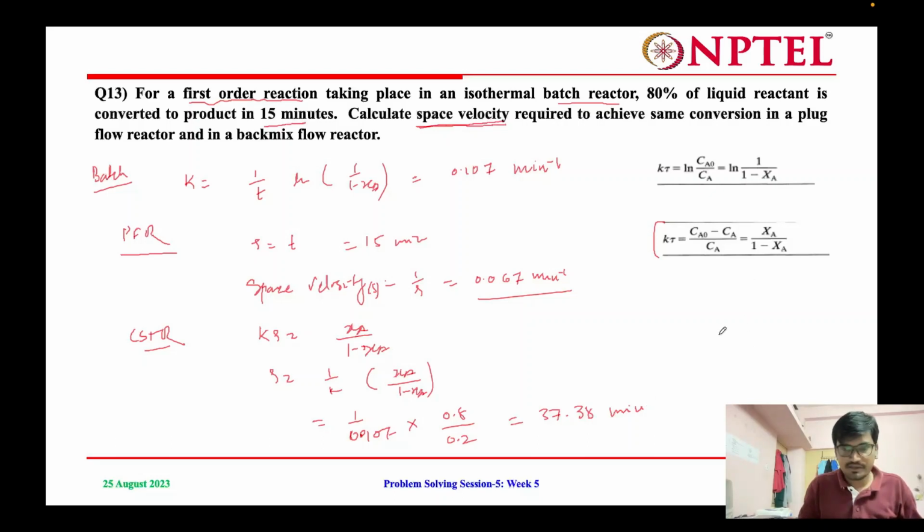And the space velocity for CSTR is 0.027 minute inverse.